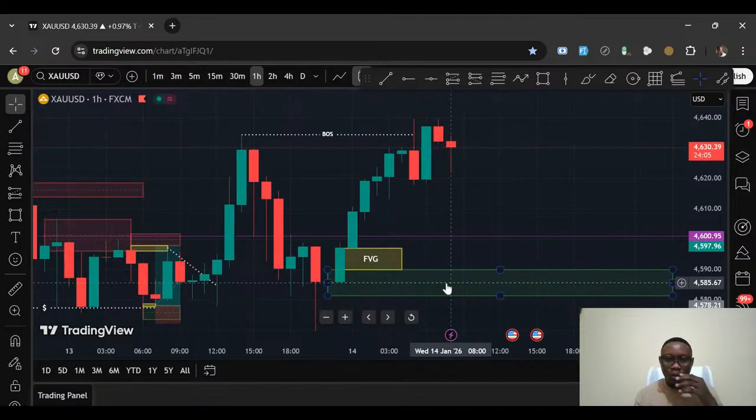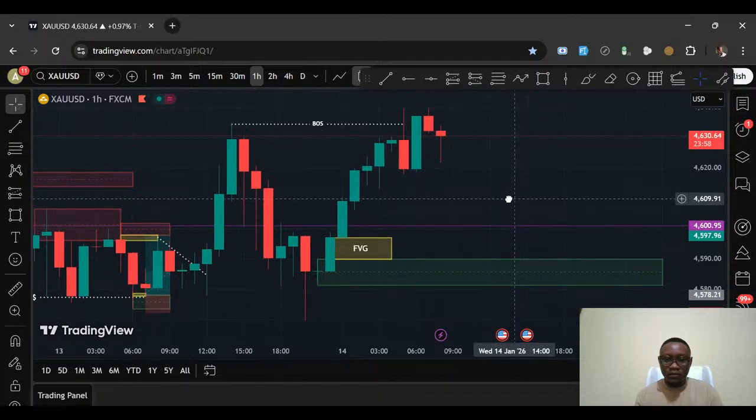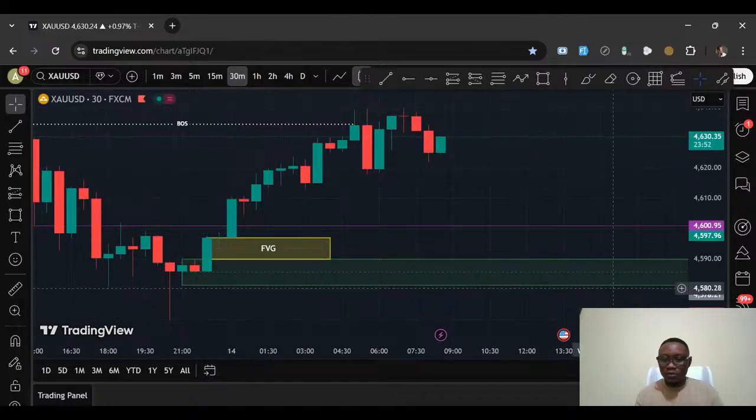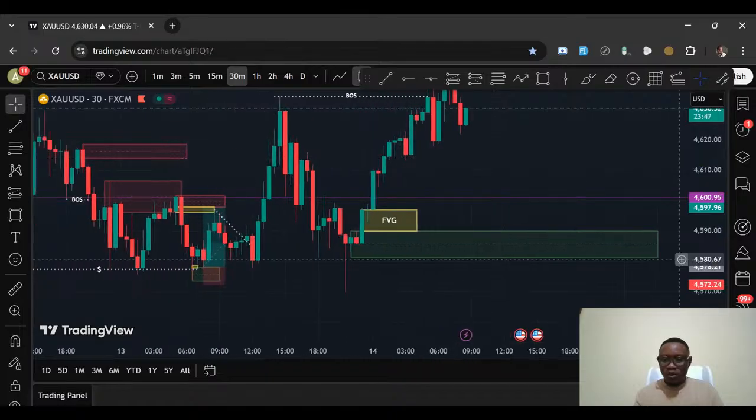So on the 1H time frame, this is what we have. Let's drill down further to the 30 minutes time frame. So now on the 30-minute time frame, we have this.